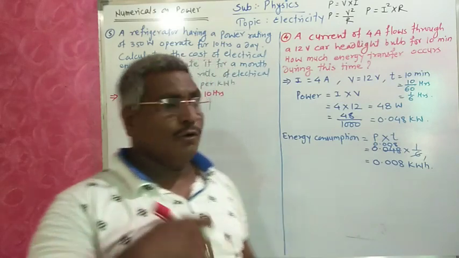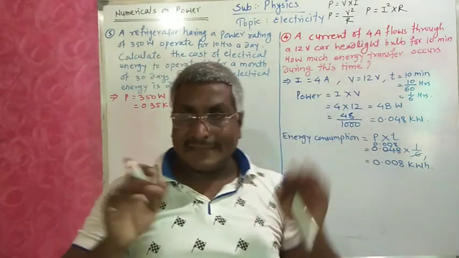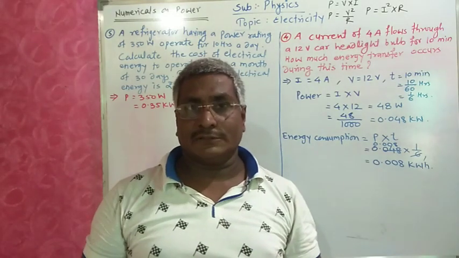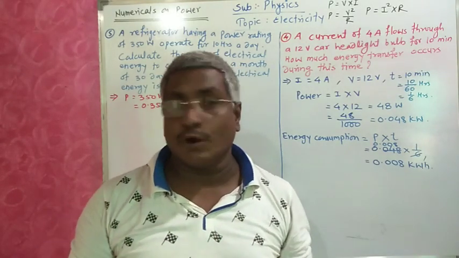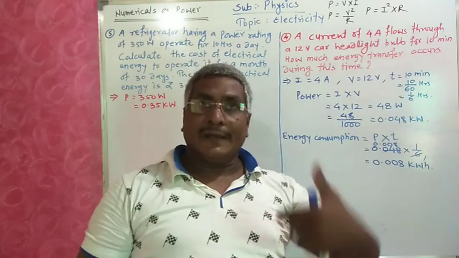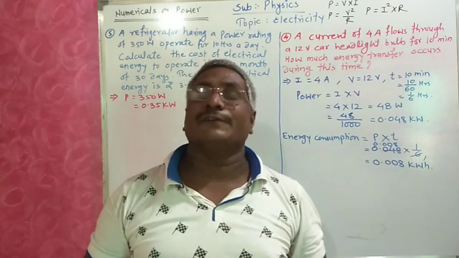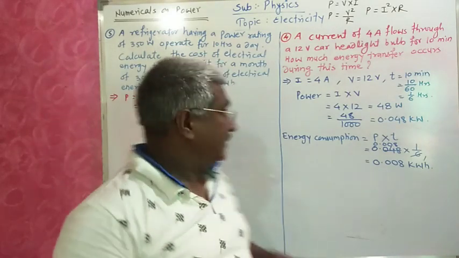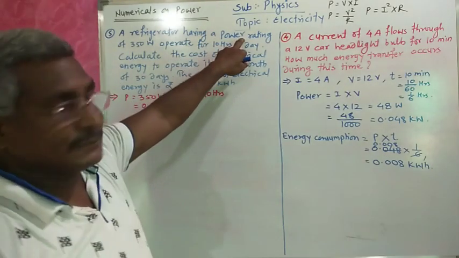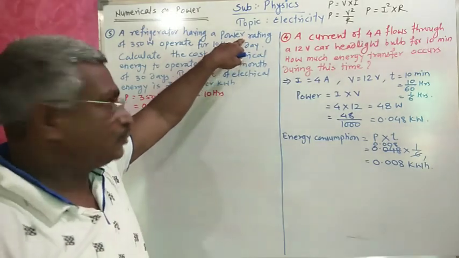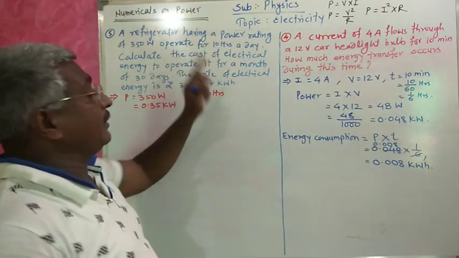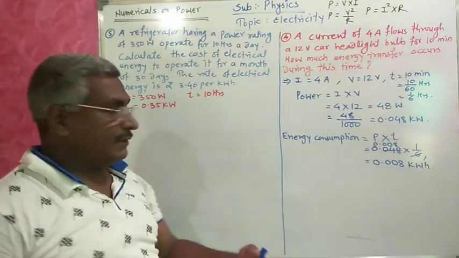The same way we are calculating here, we can calculate in our home for 24 hours, because we do not switch off the refrigerator. Continuously 24 hours it is working. On the back side of the refrigerator, this power rating is mentioned, so we have to see that.